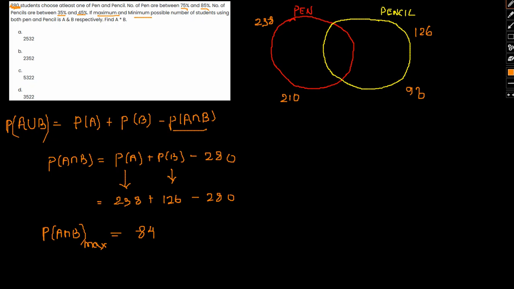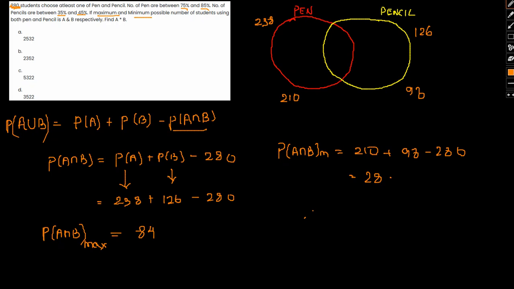Now if we talk about min, P of A intersection B min, P of A minimum value is 210, and the minimum value of pencil is 98, minus 280. That would come out to be 28.